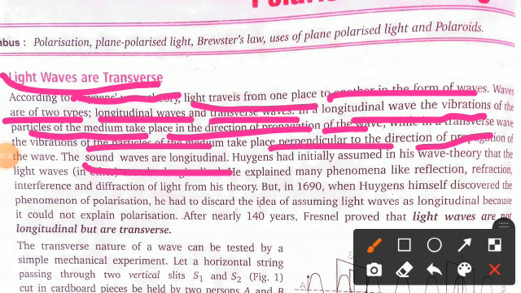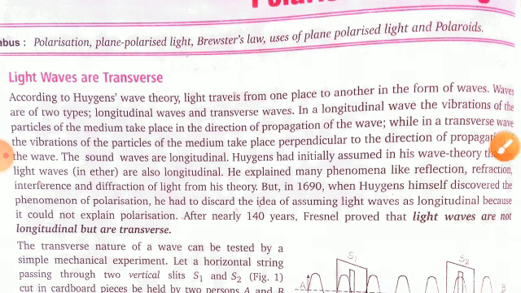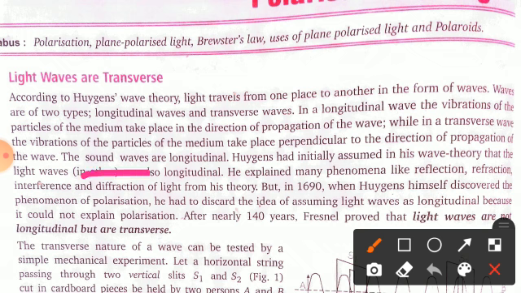Clear? Huygens had initially assumed in his wave theory that the light waves in ether are also longitudinal. So he explained many phenomena like reflection, refraction, interference and diffraction of light from his theory.